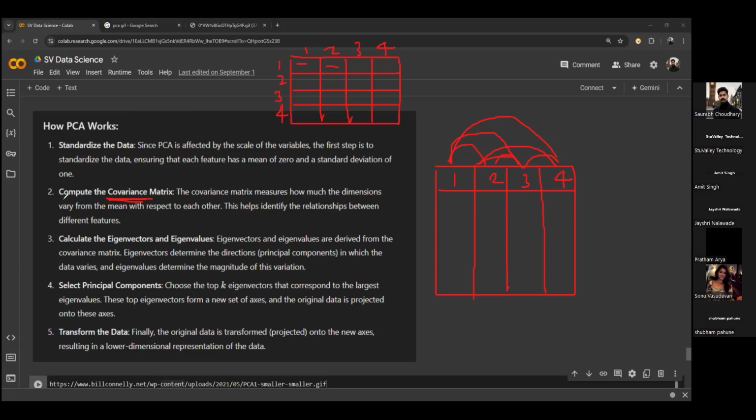So this is how we compute the covariance. So suppose if an increase in 1 also increases the values in 3, it means 1 and 3 are highly related. So it will be 0.9, or you can say 0.8, something like that. This helps identify the relationship between different features.